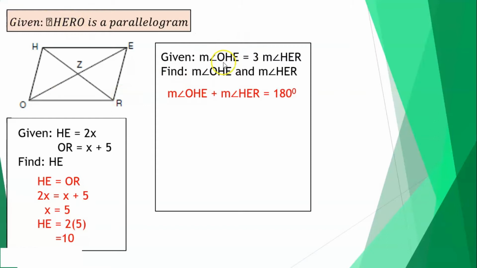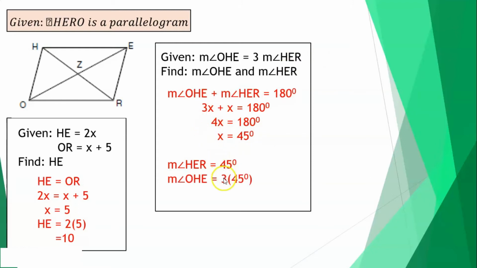So since the measure of OHE is 3 times HER, we can have the angle HER as x, and we can have OHE as 3x. So with that, adding up, it should be 180 degrees. So dividing both sides by 4, we will end up with 45 degrees. Now to find the measure of angle HER is 45, and to find the measure of OHE is 3 times of 45, in which it is 135 degrees. 45 plus 135, that will total 180 degrees.